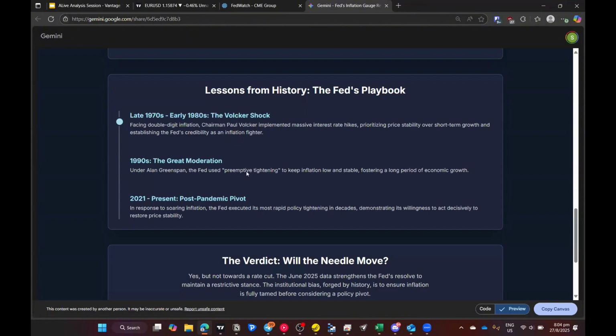In the 1990s, Alan Greenspan came out with preemptive tightening, which kept inflation low and stable. And now, post-pandemic, we saw 5% to 8% inflation rates during the pandemic, right? A lot of money printing during the period.